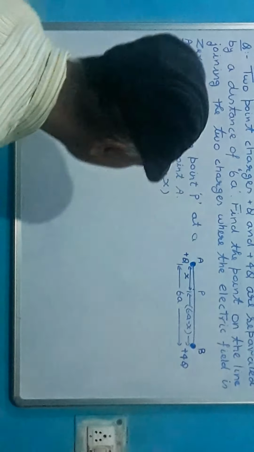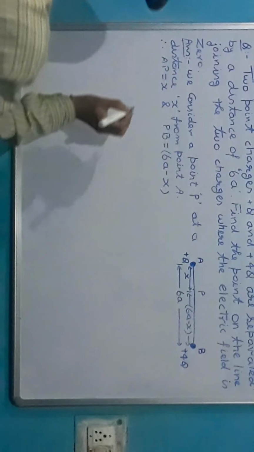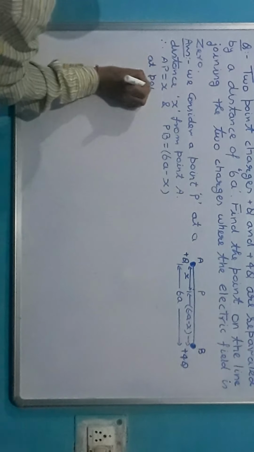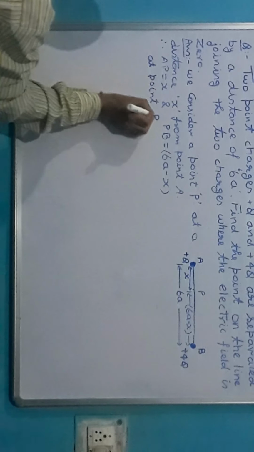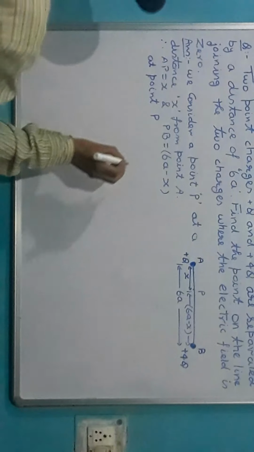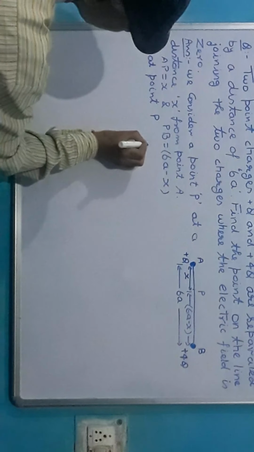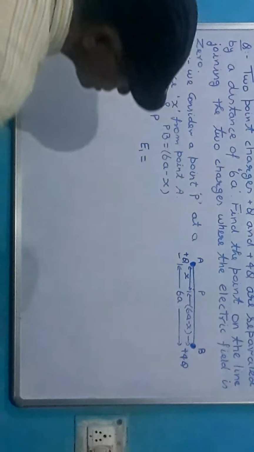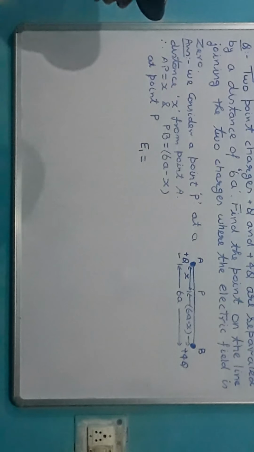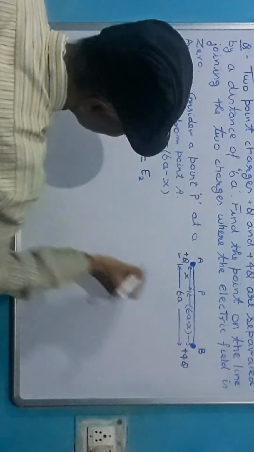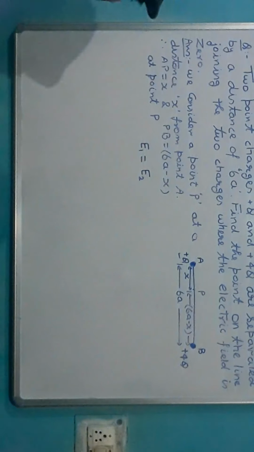That will be 0 if the electric field produced by point charge plus q, which we consider E1, is equal to the electric field produced by point charge plus 4q at P.